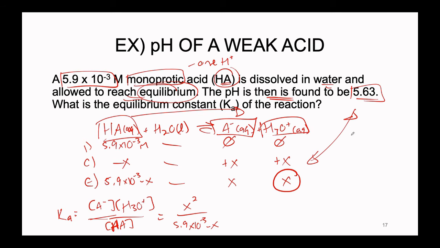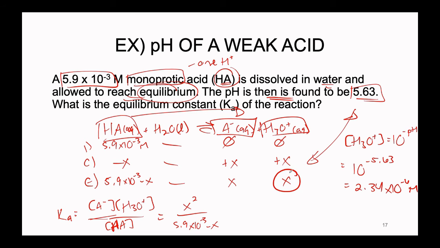So we can solve for the H3O plus concentration, since this is equal to 10 to the negative pH. The H3O plus concentration will be equal to 10 to the negative 5.63, which is equal to 2.34 times 10 to the negative 6 molar.